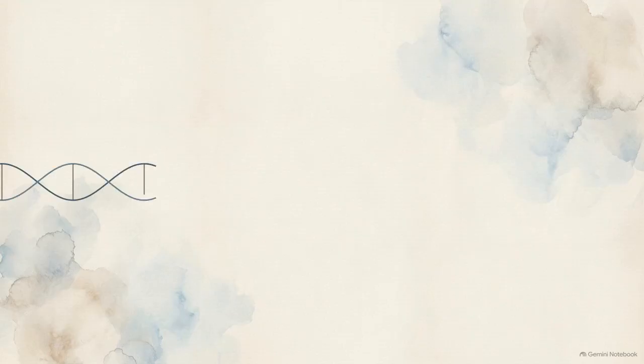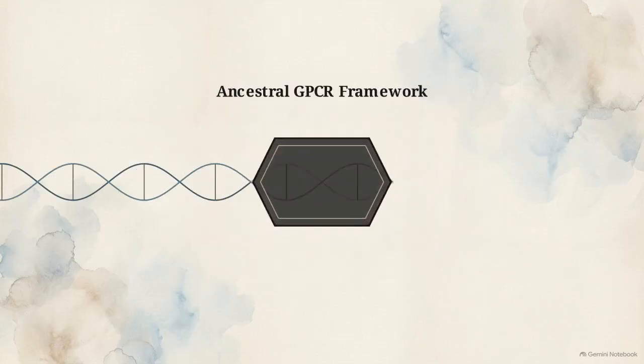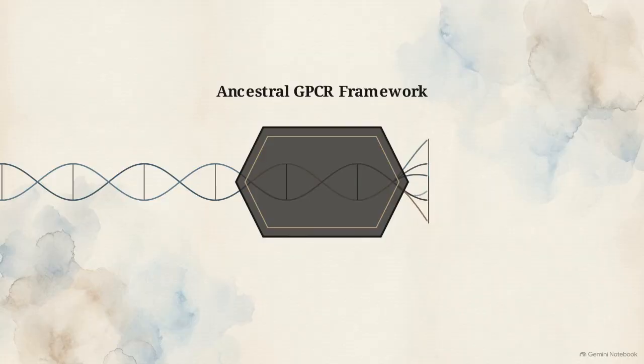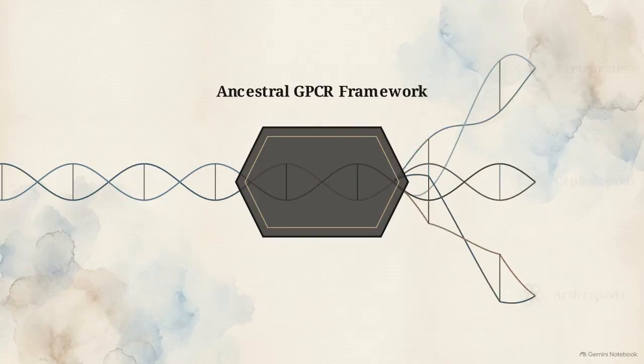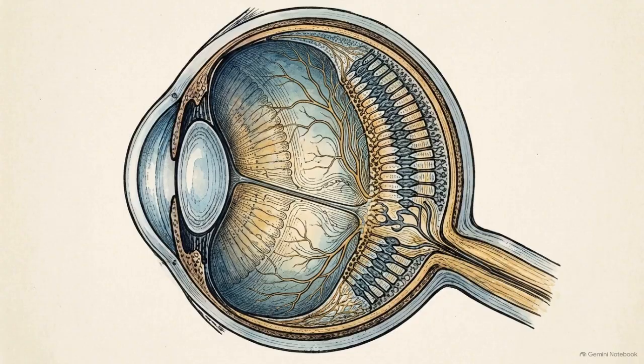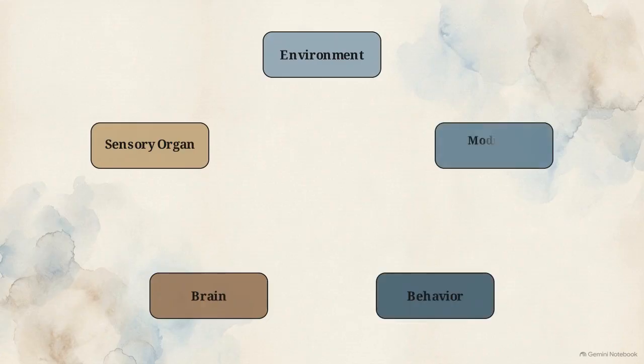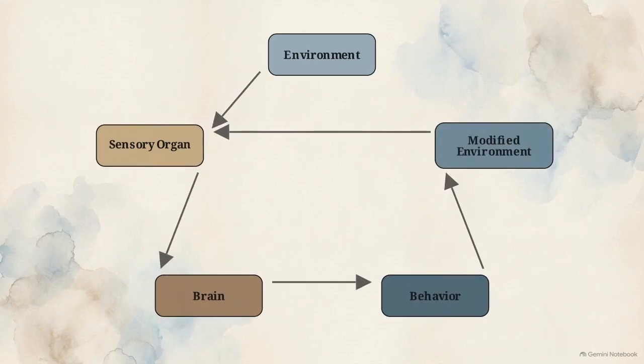Because the system was successful and deeply integrated into early life, historical contingency locked future evolution into modifying this specific genetic framework. The modern eye's architecture is a testament to this co-option, showing that sensory systems are built from existing internal communication networks. However, the sensory gate, the brain, and the resulting behavior function as a single, inseparable loop.